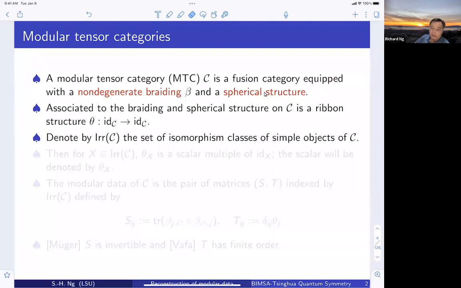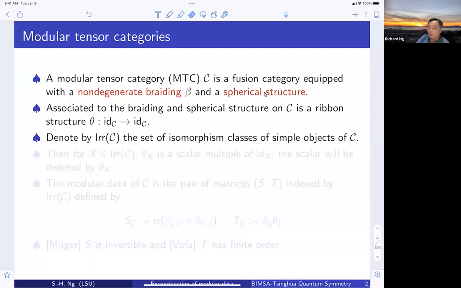If you used to know ribbon categories, these notions are equivalent to a braided spherical fusion category. So instead of using the word ribbon category, I just define the ribbon structure using the braiding and spherical structure. And the set of isomorphism classes of simple objects is denoted by Irr(C), the irreducible objects.